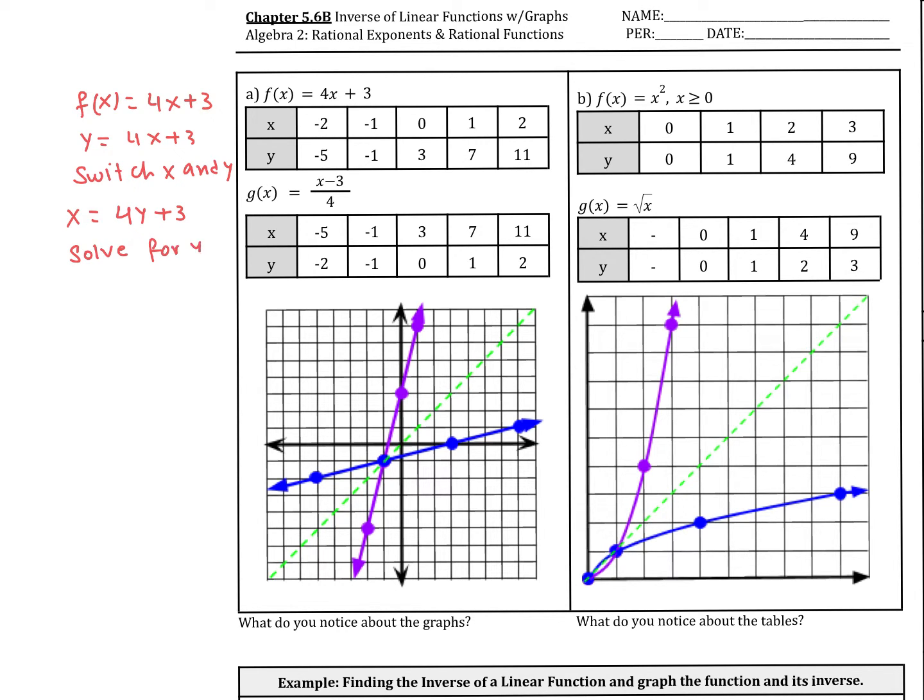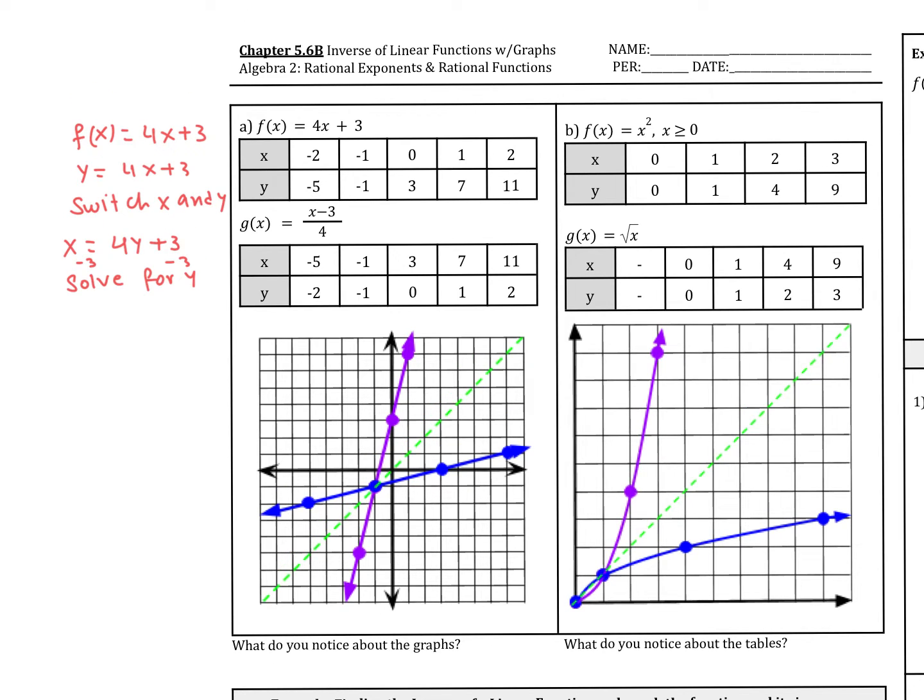You subtract 3 on both sides, and what you got is x minus 3 equals 4y, and you divide by 4. You got y equals (x minus 3) over 4, and that is your g(x), which is the inverse of the function f(x). So this is your g(x), and this is your f(x).